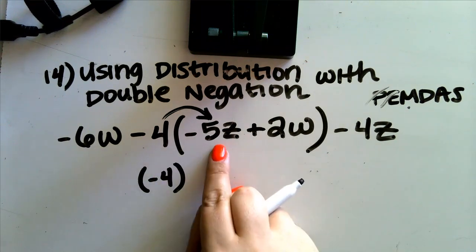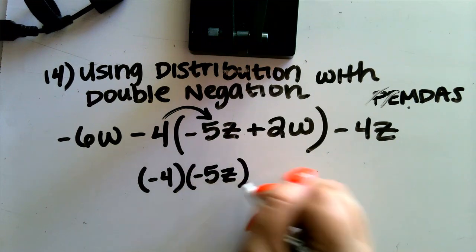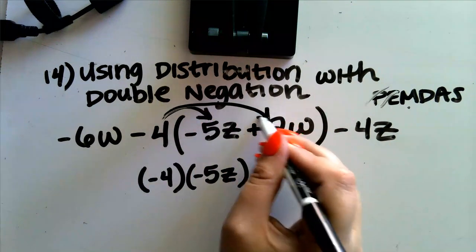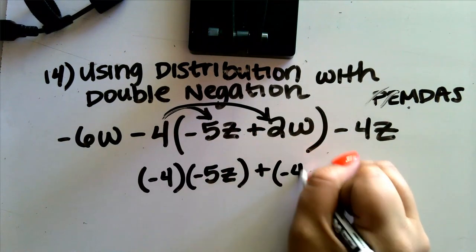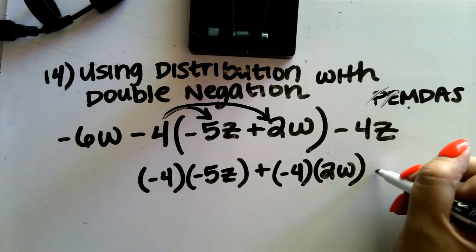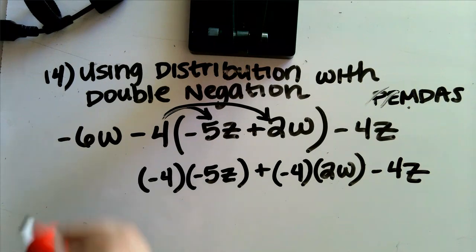-4 times this first term of -5z plus, let's go ahead and distribute into our second term, this -4 times our 2w. And as usual, we're going to bring everything else down that we have not dealt with yet.